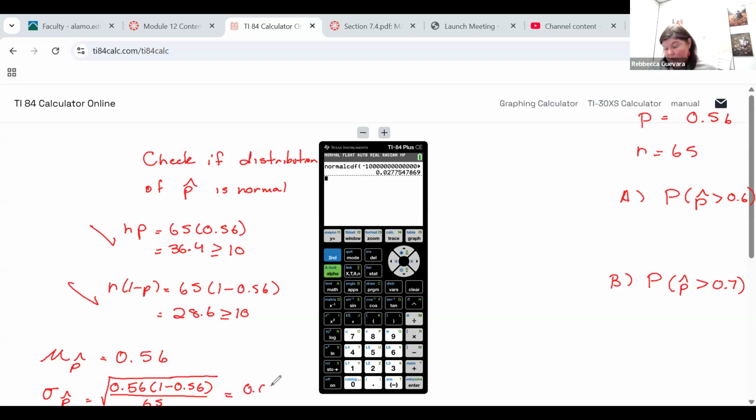And we get about 0.06. Let's just round a little further. 0.0616. I could go further, but that'll be good for now.